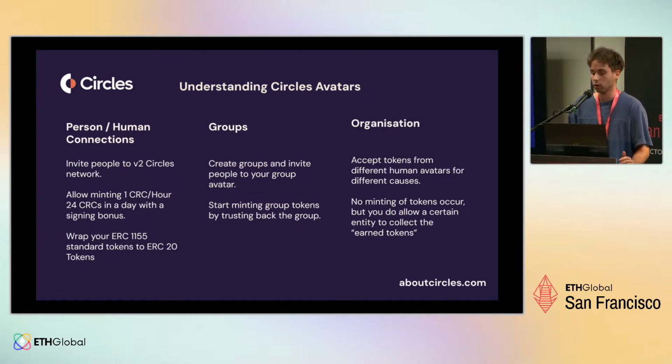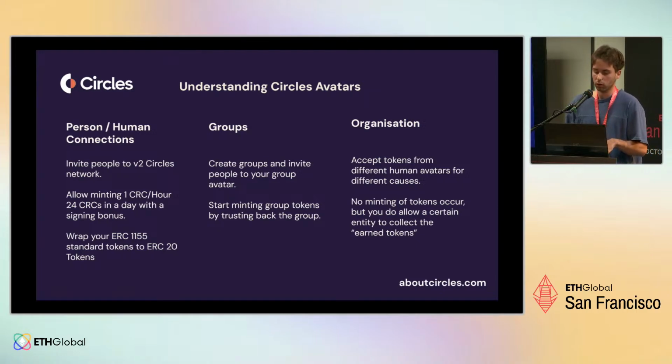There is also a function to wrap. Every Circles token is an ERC 1155 token, and with the SDK, there is a function to wrap this token as an ERC 20 if you need to use it with other DeFi protocols like Uniswap or others.